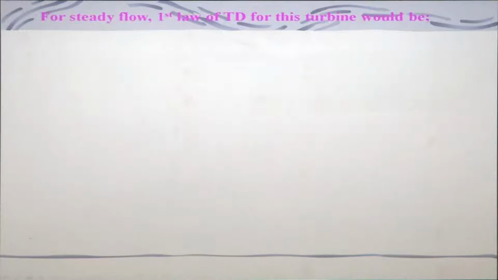For this turbine problem, we can apply the first law of thermodynamics, considering it as steady state.